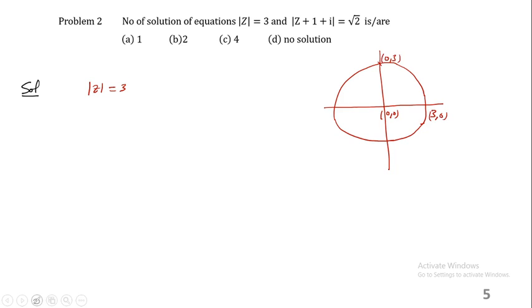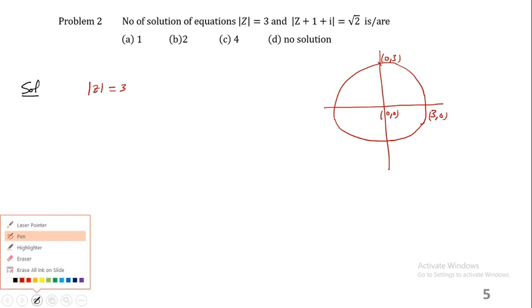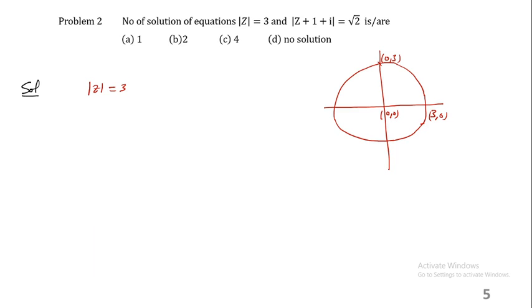Another circle is magnitude of z plus 1 plus i. This is also the equation of a circle, as I told you, equal to root 2. We can write it like this: magnitude of z minus of minus 1 minus i is equal to root 2.